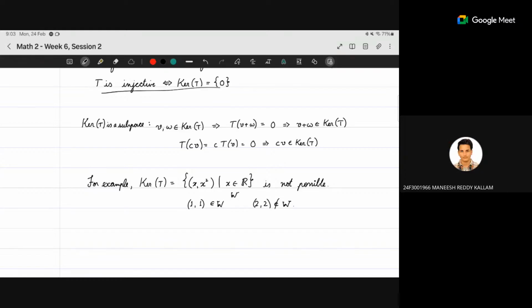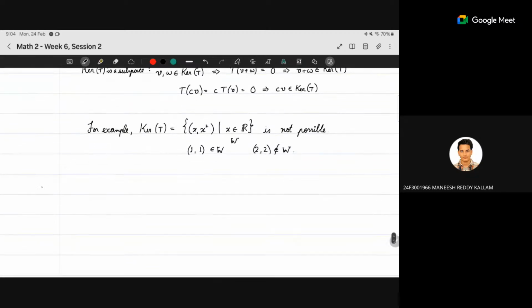Sir, if we define a transformation where 1 comma 0 is transformed into 0 comma 0, then is kernel of T possible? Let's take that example. You are saying that 1 comma 0 goes to 0 comma 0, and you are not going to specify what happens to any other basis vector? No, sir. Okay.